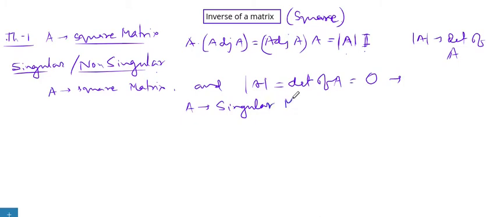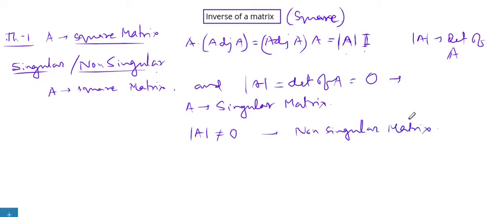And the opposite, if the determinant value of A is not equal to 0, then A is called a non-singular matrix. So if the determinant value of the square matrix is 0, then it is called singular, and if the determinant value of A is not equal to 0, then it is called a non-singular matrix. Okay.